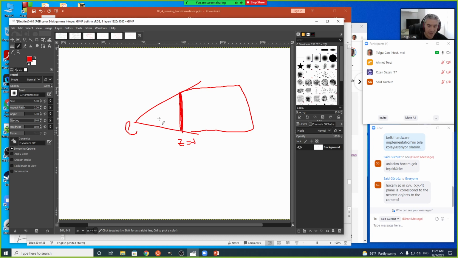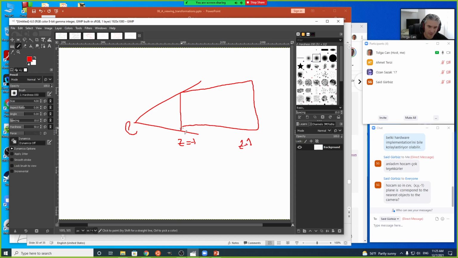If there's an object that is here, we will not be able to see it. Objects that are here, we don't see them. So the closest objects are z is equal to -1, far away objects are z is equal to 1.